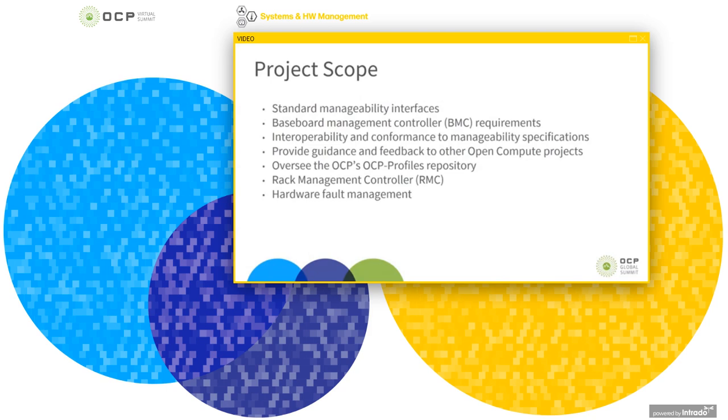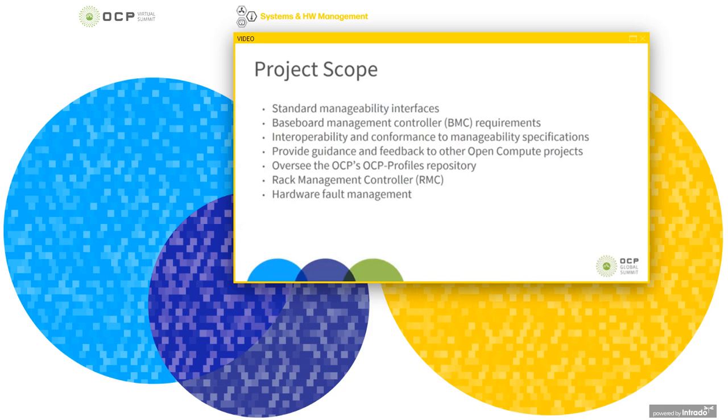And hardware fault management is standardizing common behavior in the case of handling of hardware errors. This is the sub-project that is under consideration right now. So that gives you an overview of the scope of the OCP Hardware Management project.